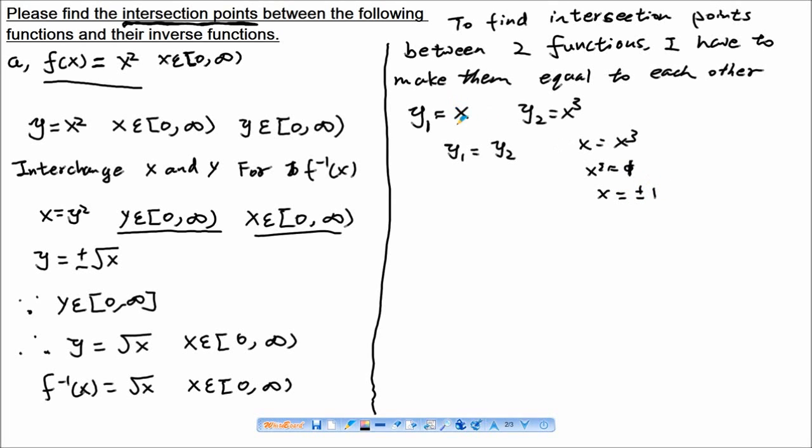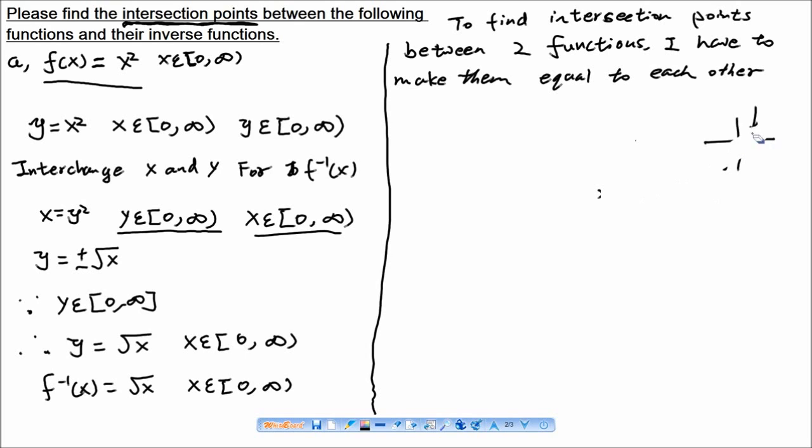So the graphs y equals x and y equals x cubed would have 3 intersection points, there, there, and there.